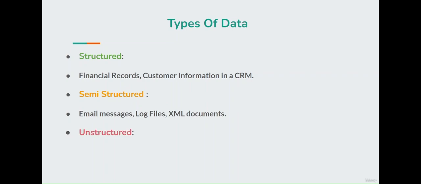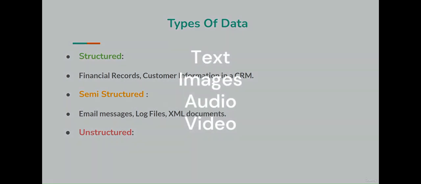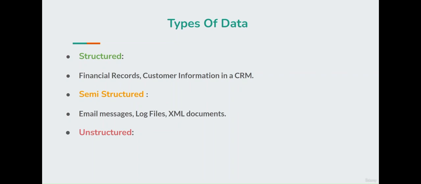Next we have fully unstructured data. Unstructured data refers to information that does not have a predefined structure at all. It lacks a consistent format and does not fit neatly into any traditional database or spreadsheet. It is typically in the form of text, images, audio files, videos, social media posts, or documents. It is vast in quantity and often generated with a very high velocity.